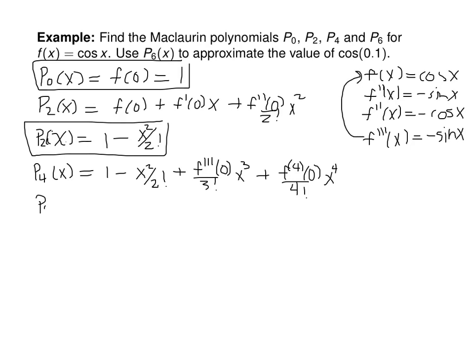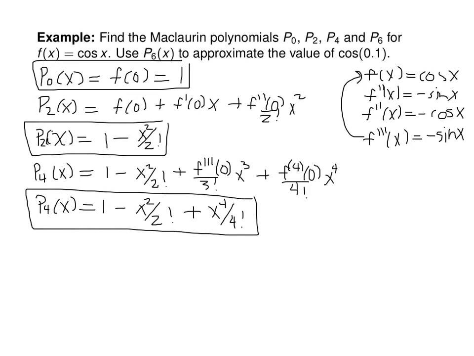And this gives us P4 of x is equal to 1 minus x squared over 2 factorial. Plugging 0 into negative sine yields 0, so the x cubed term is gone, plus x to the fourth over 4 factorial. And by now I think you can see the pattern. In the expansion of cosine, I'm having all of the even powers and the terms are flip-flopping.